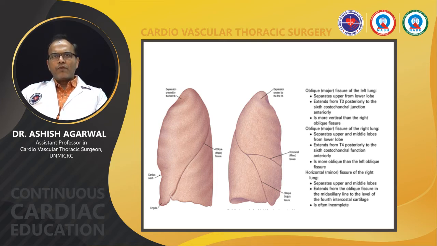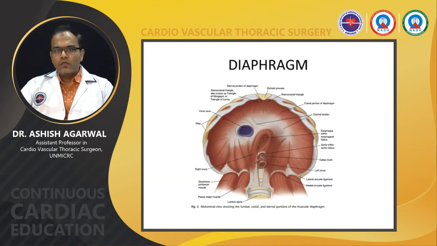On the right lung, the oblique fissure separates the upper and middle lobes from the lower lobe, extends from T4 posteriorly to the 6th costochondral junction anteriorly, and is more oblique compared to the left side. The horizontal fissure of the right lung separates the upper and middle lobes, extends from the oblique fissure in the mid-axillary line to the level of the 4th intercostal cartilage, and, as I told, is often incomplete.